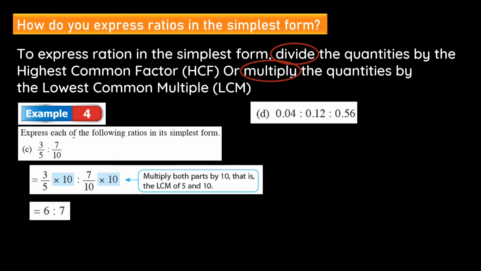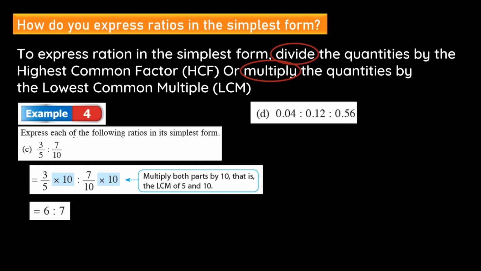Next, let's look at question D. In question D, we are given decimal ratios, which are 0.04 ratio 0.12 ratio 0.56.